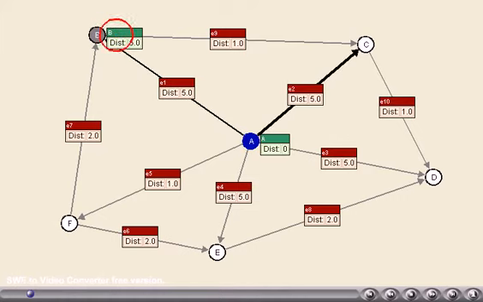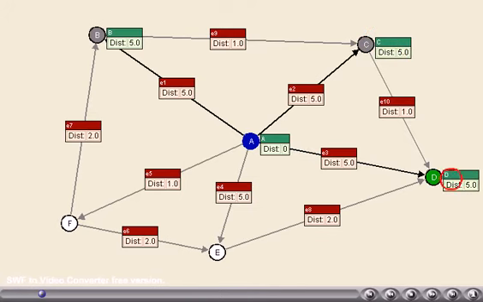Node B distance is updated as 5. Node C distance is updated as 5. Node D distance is also updated as 5, as the edge weight of E3 edge is 5. That is, D can be directly reached via this edge. Its weight is 5. Thus, as of now, the minimum distance from A to D is 5.